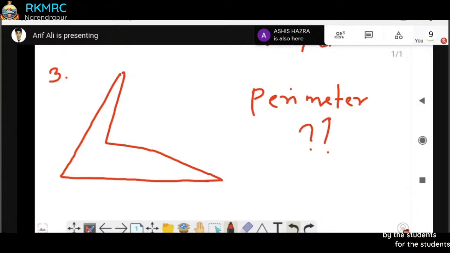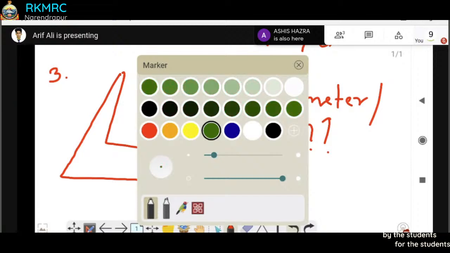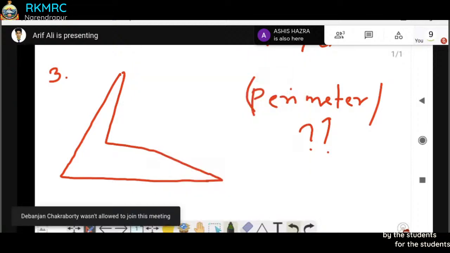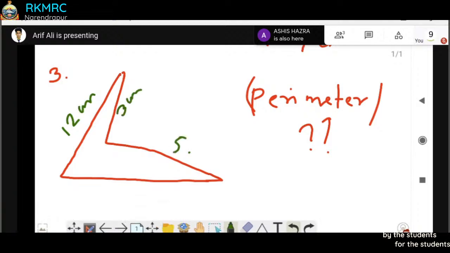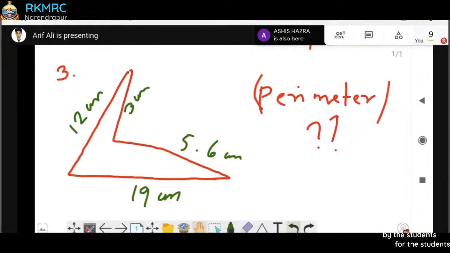You are asked to calculate this perimeter, and the sides are given: 12 centimeter, 3 centimeter, 5.6 centimeter, 19 centimeter. What will be the perimeter? This is 3. This is 3.